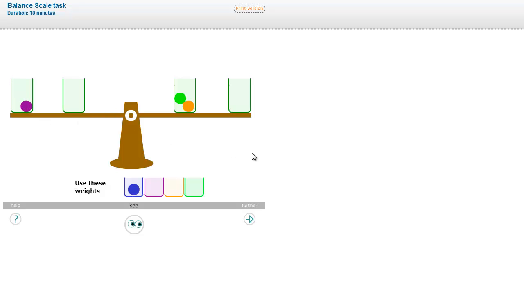Now, a child that uses Rule 1 only looks at the weights. So he'll look on this side and see, okay, there's 1, 2 weights here. And on the other side, there's only 1 weight. So he will predict that this side goes down.